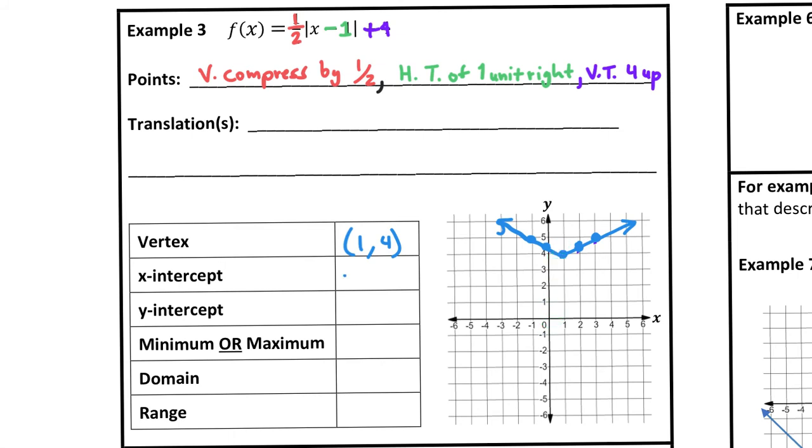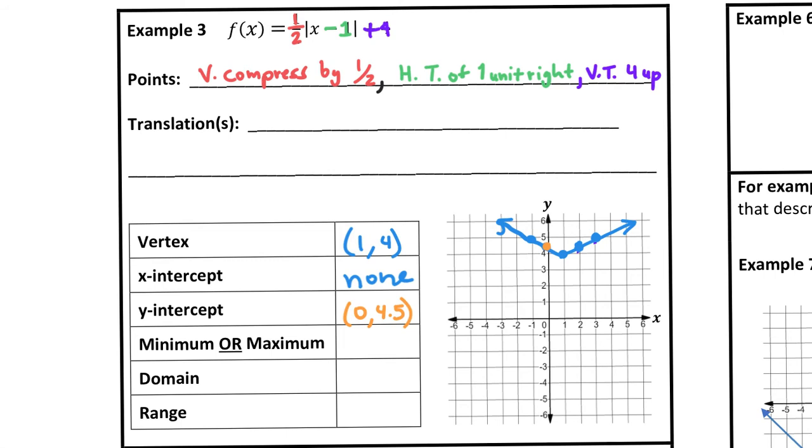No, so I like to put none. Is the graph intersecting the y-axis? Yeah, it looks like at 4.5. So I'm going to put, I like that point, and it looks like it's at a location of 0, 4.5.